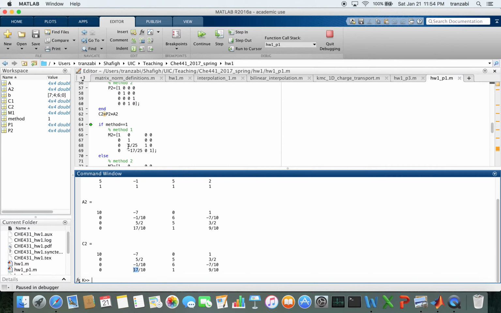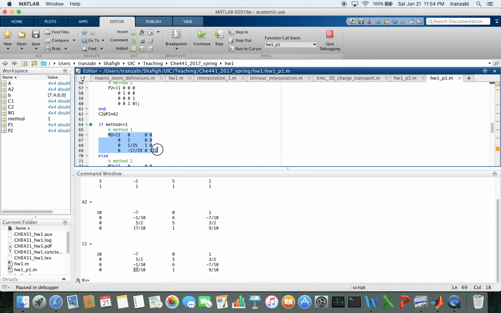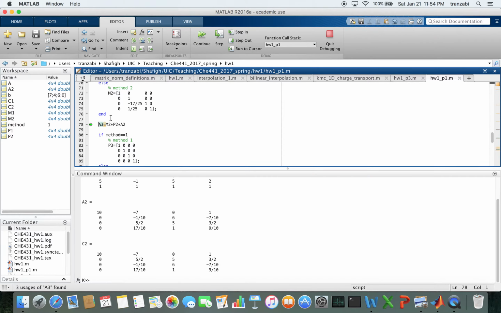These are exactly over here. Now this would be our coefficient matrix. So let me do that. The resultant matrix so far would be M2 P2 times whatever we got so far, which is A2. Remember, A2 was M1 P1 A1. Now let's do that, and you see that we get zeros below the diagonal.